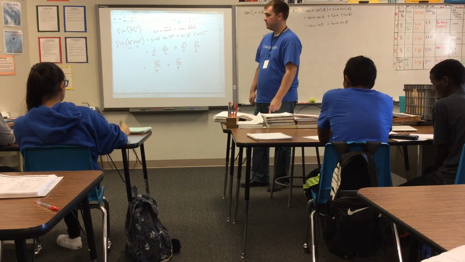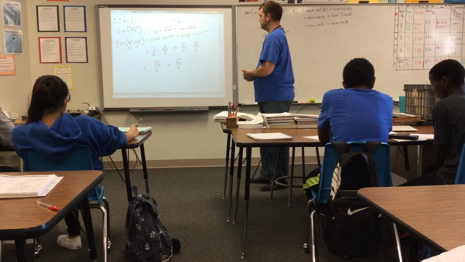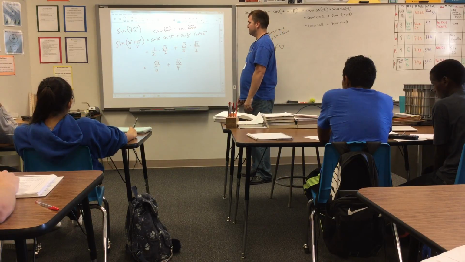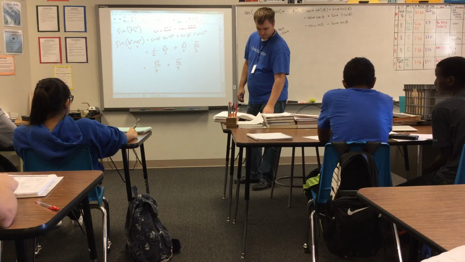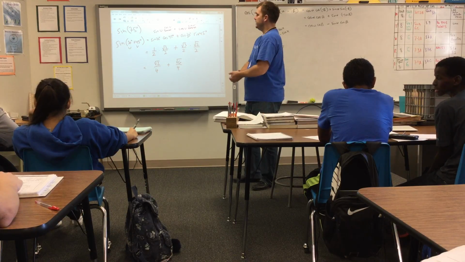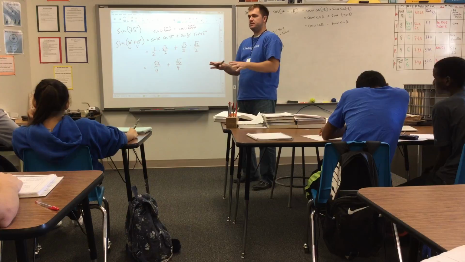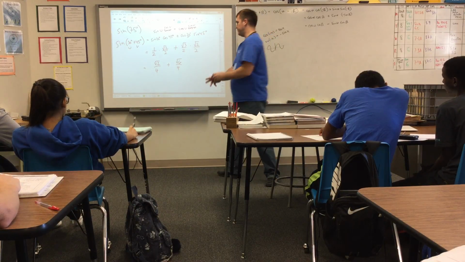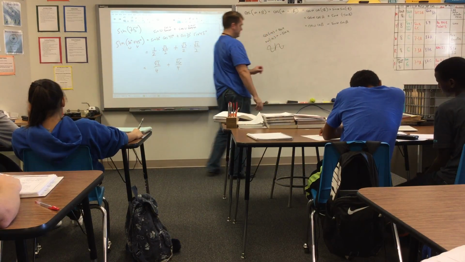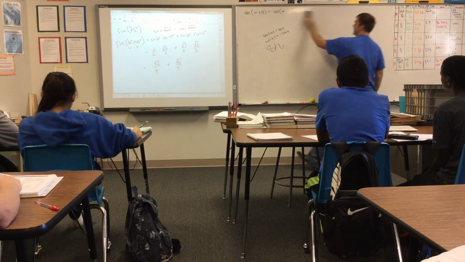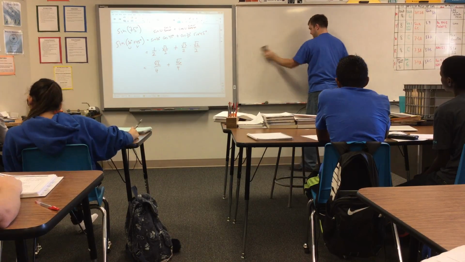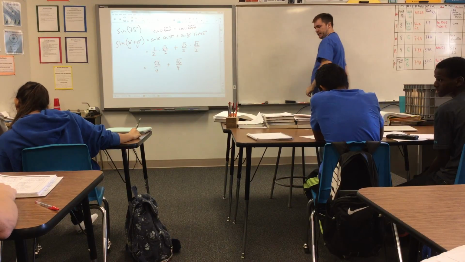It's plus. Let me see if I can explain. It is not plus or minus. I know I said plus or minus earlier, that was a mistake on my part. Okay, I understand.